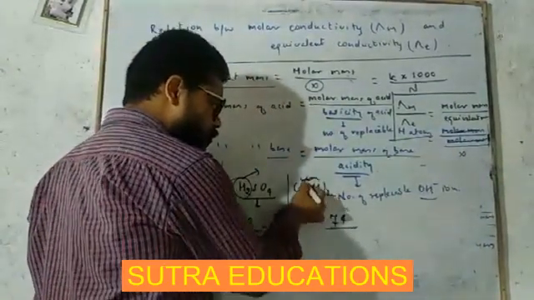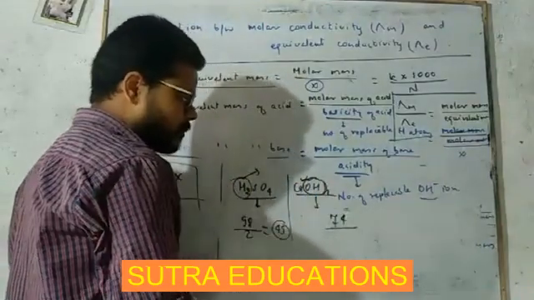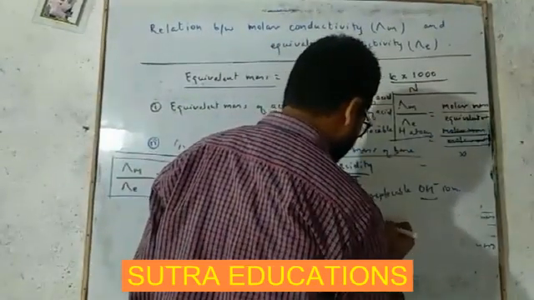Two OH minus ions can be replaced, so it is 2. In this case it comes out to be 37.